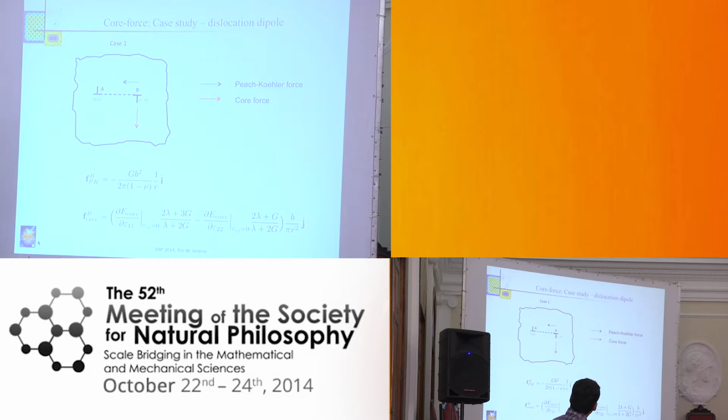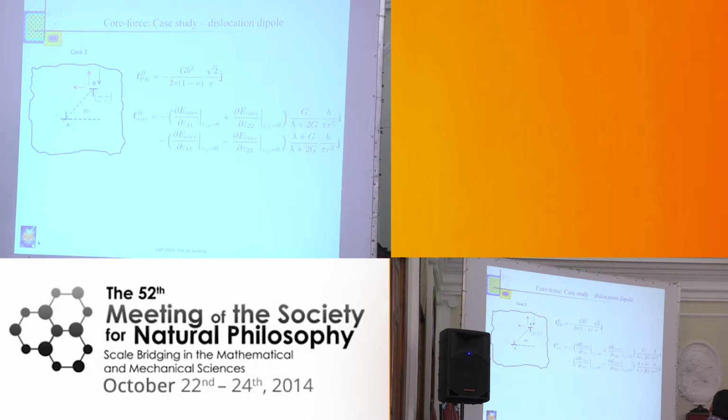So we computed for this particular configuration, the Peach-Koehler force creates a glide force on this dislocation, whereas the core force actually creates a climb on the dislocation, just using the elasticity fields for the strain fields. Then if we look at the case where we are at a 45-degree angle, the core force has both a climb component as well as a glide component.